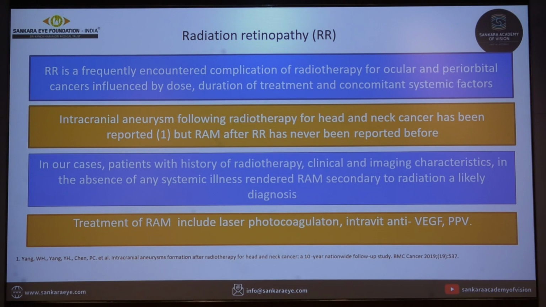In our case, the history of radiotherapy and the clinical and imaging characteristics in the absence of any systemic illness rendered RAM secondary to radiation a likely diagnosis. Treatment of RAM includes laser photocoagulation, intravitreal anti-VEGFs and PPV. Thank you.